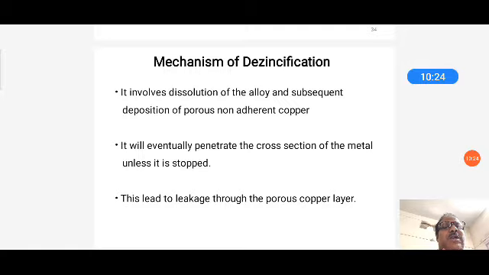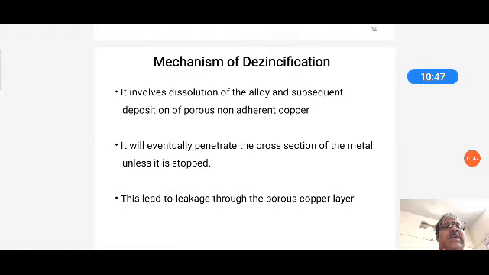Once it is not stopped, it easily penetrates into the interior body of the yellow alpha brasses, leading to leakage through the porous copper layer.